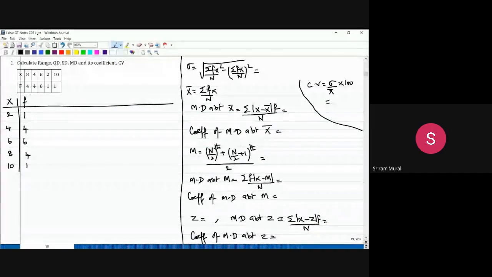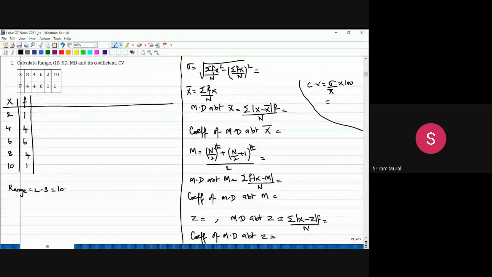What is the first thing I want to find? Range. The range is based on my largest and smallest value, that is L minus S. Largest is 10, smallest is 2.